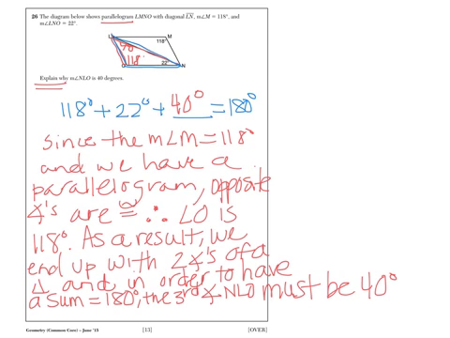Therefore, angle O is 118 degrees. As a result, we end up with two angles of a triangle, and in order to have a sum equal to 180 degrees, the third angle, NLO, must be 40 degrees.